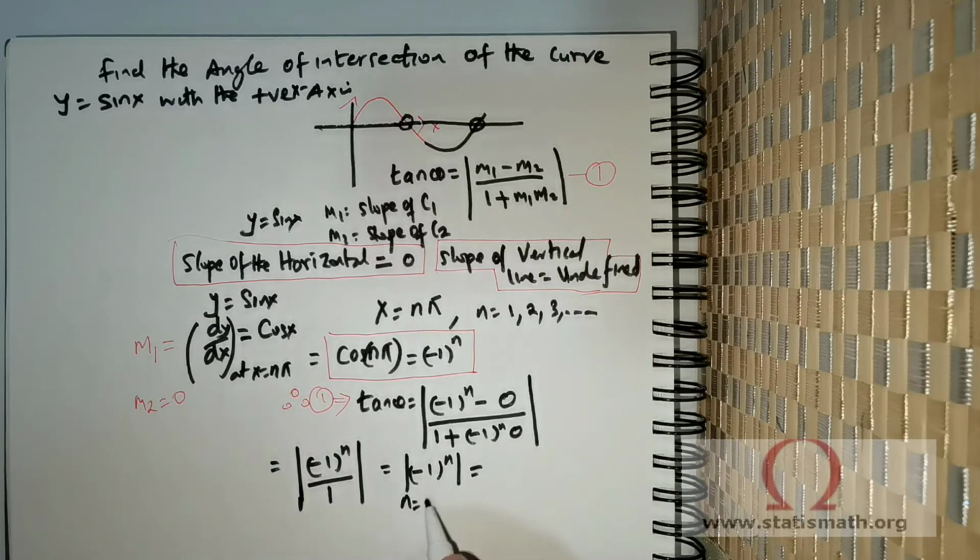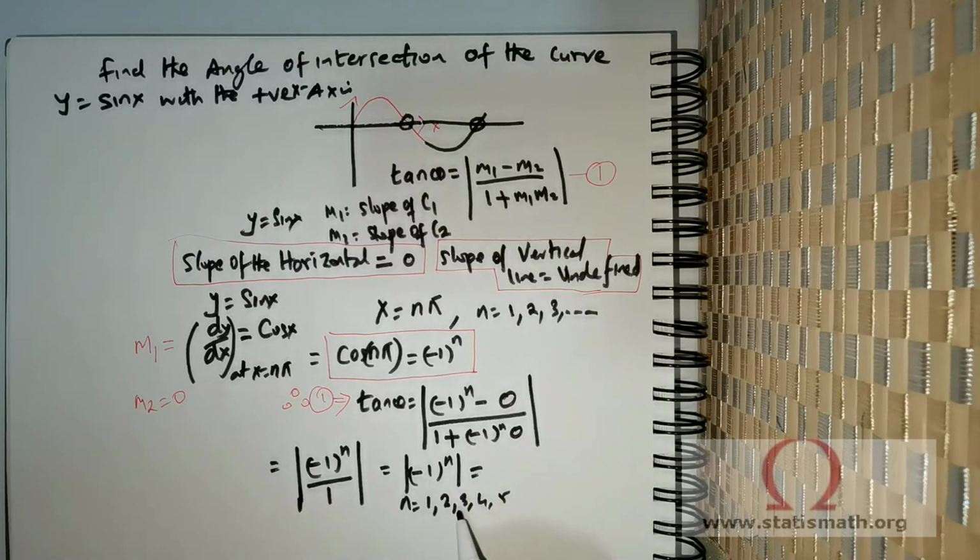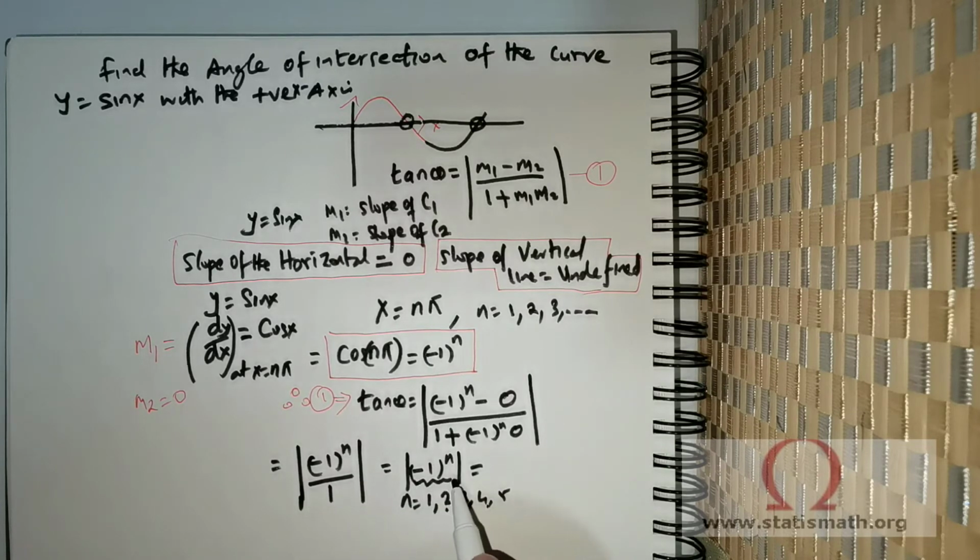No matter what value n takes, 1, 2, 3, 4 or 5, we know that for odd values of n this would be negative, and for even values like 2, 4, 6 and so on, this is going to be positive. But this entire quantity is present within the modulus sign. That means the outcome will always be a positive value, and that value is going to be 1.